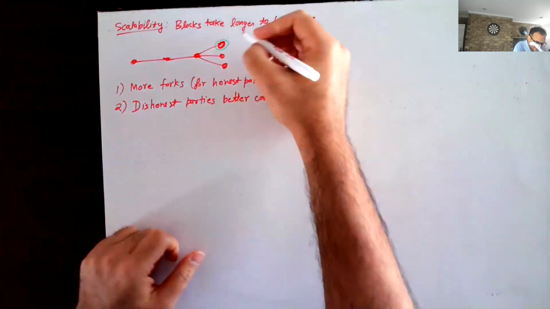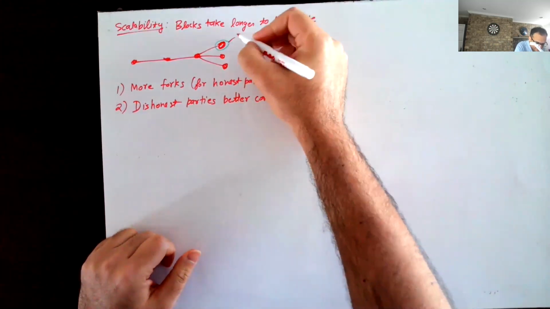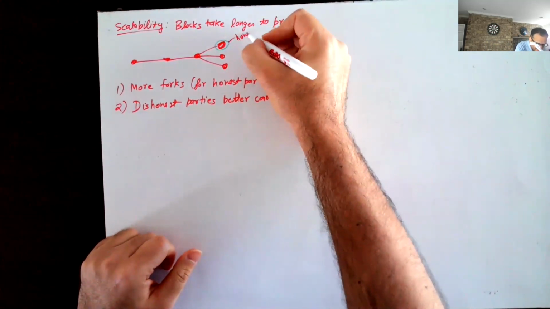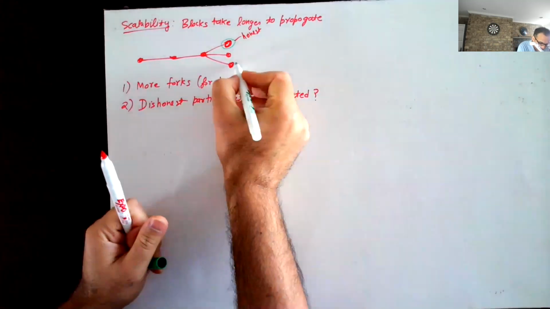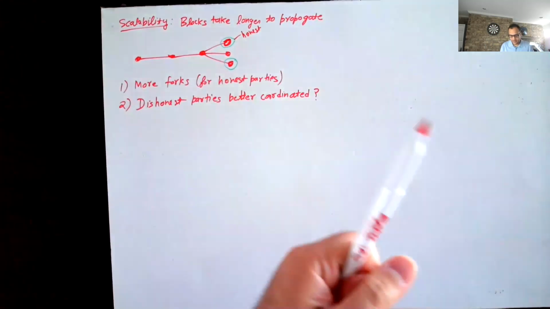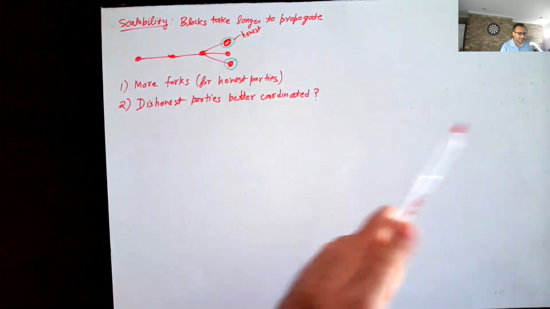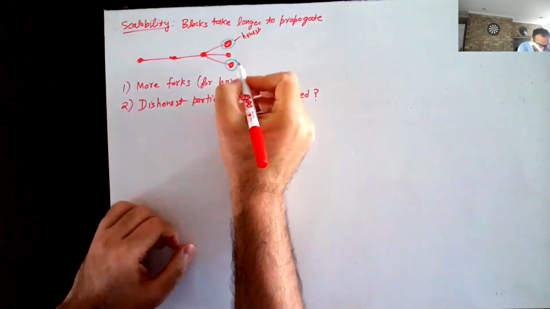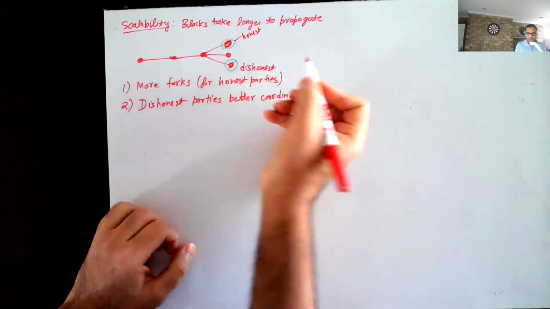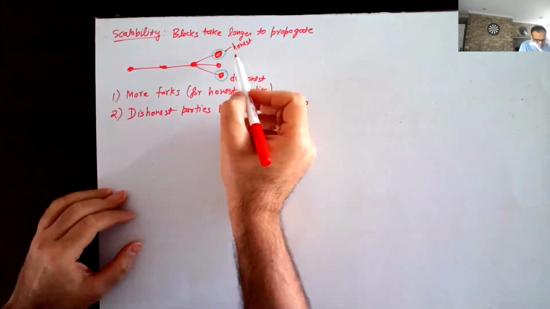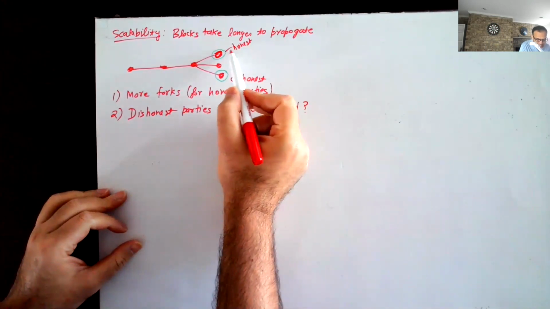suppose there are two folks. Suppose here we have honest, and let's say this fork was mined by some dishonest party, but maybe at a slightly later point. And now all the honest parties jumped here because this came first.